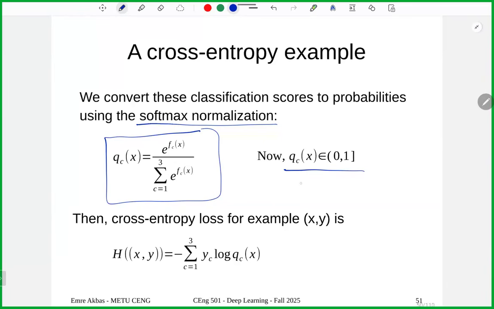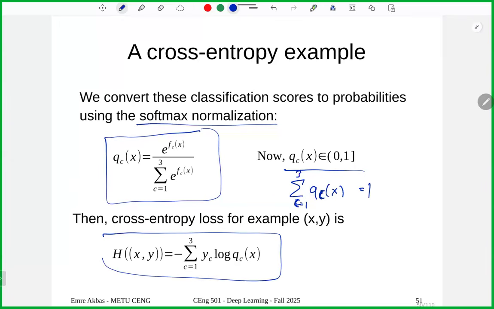The summation of qc over c will be 1. And you write the cross entropy for this problem as this formula, as we showed in the previous slide. Here is the label, the correct label, and this is the model prediction in probability for that specific class index.